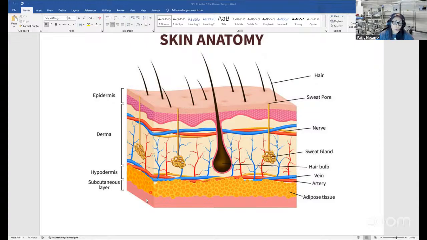The pink that we see here on this particular image is muscle. The hypodermis is connective tissue. As you can see here, these cells are fat cells, or adipose tissue. They do look like that, except that they're a little bit bigger in the body. Well, I guess it depends on the state of our patient, right? But they do look exactly like this.